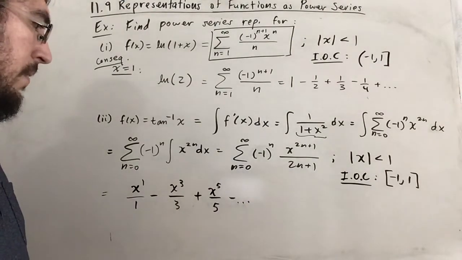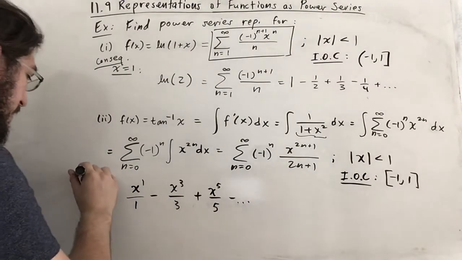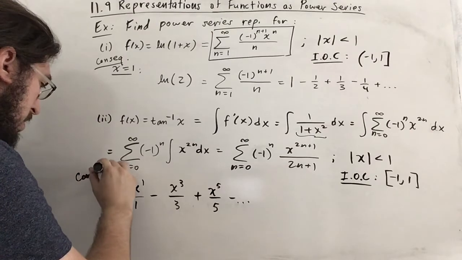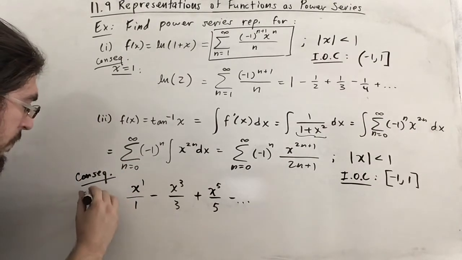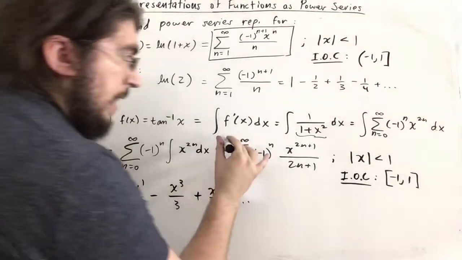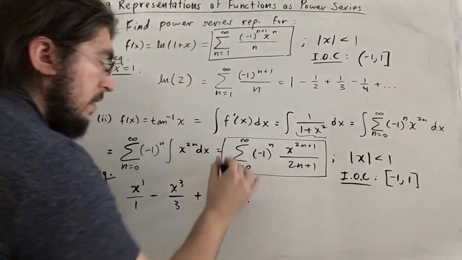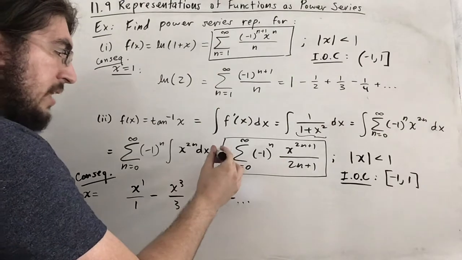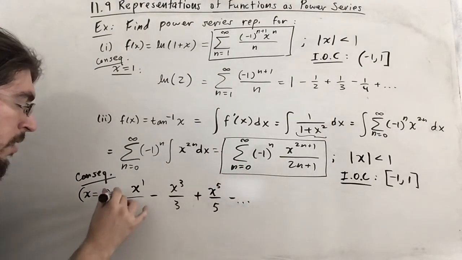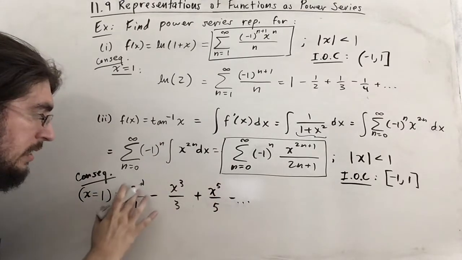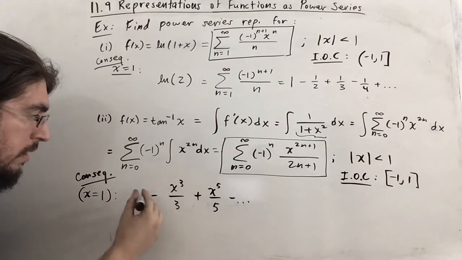So in fact, just to show you, let me write the consequence here. Let me clean this up a bit. I'm going to say when x is equal to +1, and this, by the way, is our answer as far as the power series representation of tangent inverse goes. But when we plug in x equals +1, we get this, but with 1s, so that's just 1.